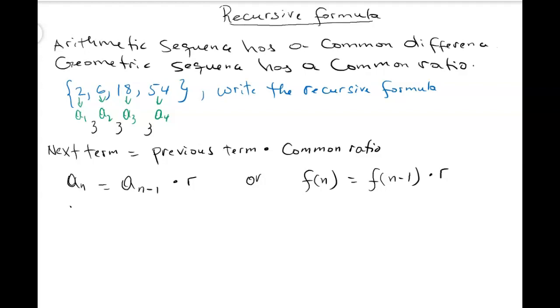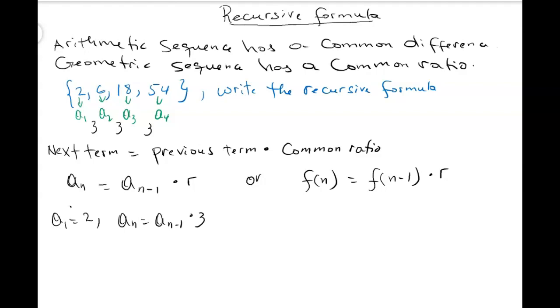When you're writing this out, you always want to first write out the first term. So we say the sequence begins with a sub 1 equals 2. Then you write out the formula saying a sub n equals a sub n minus 1 times 3.